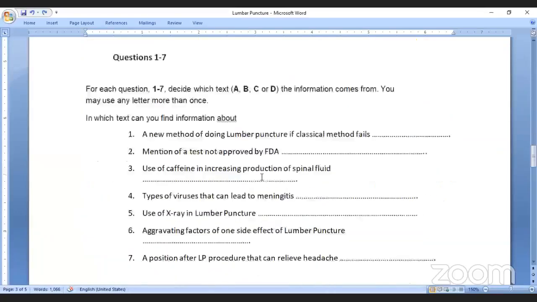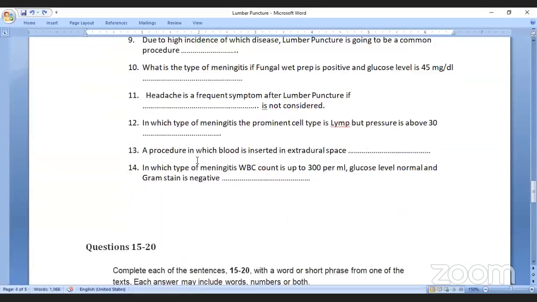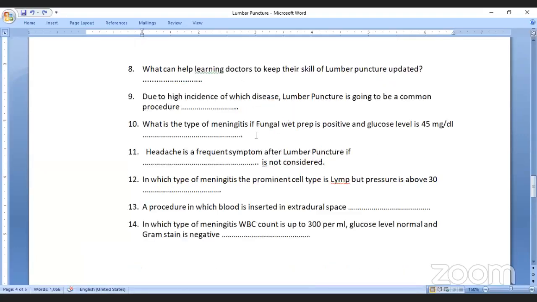Now we are going to do further questions. Question number 12 we discussed yesterday: which type of meningitis has a prominent cell type of lymphocyte with pressure above normal. Just one minute, the last question we discussed was question number 10.